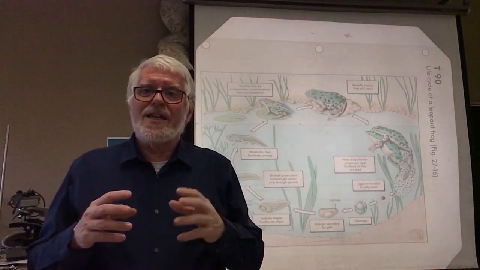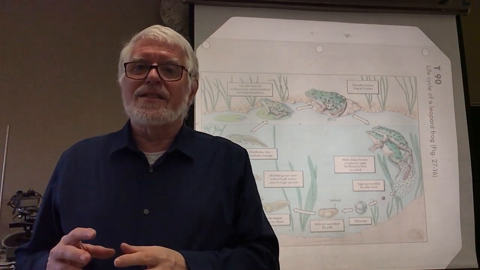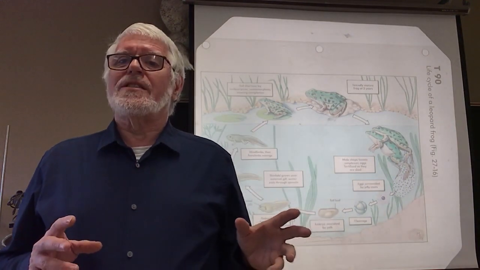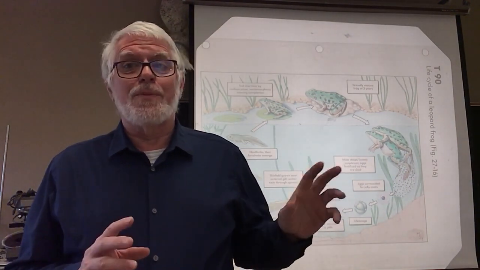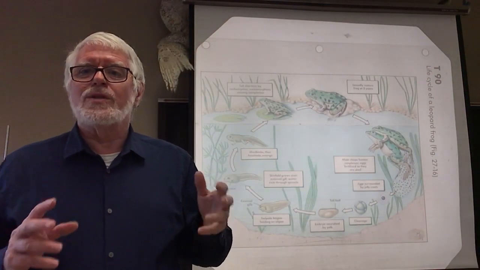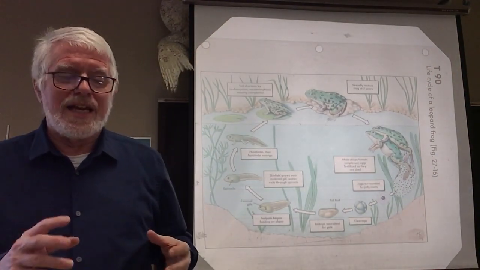So like the indirectly developing insects, the frogs and toads go through metamorphosis, where they have a larval form. They don't have a pupal form, but they have a larval form, and then they have an adult form. And those exist in different niches in the environment.